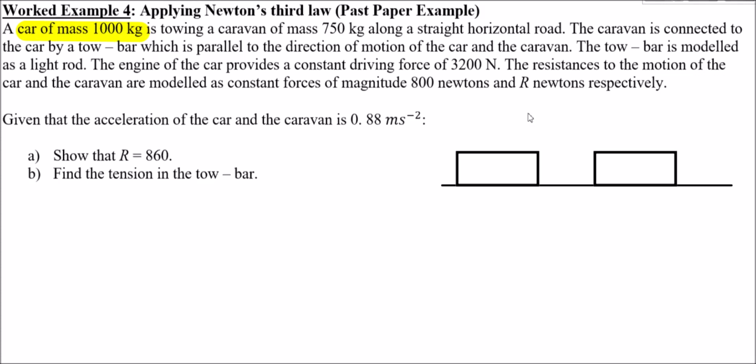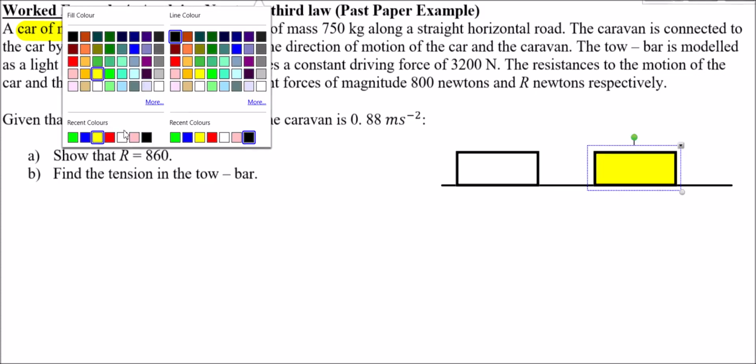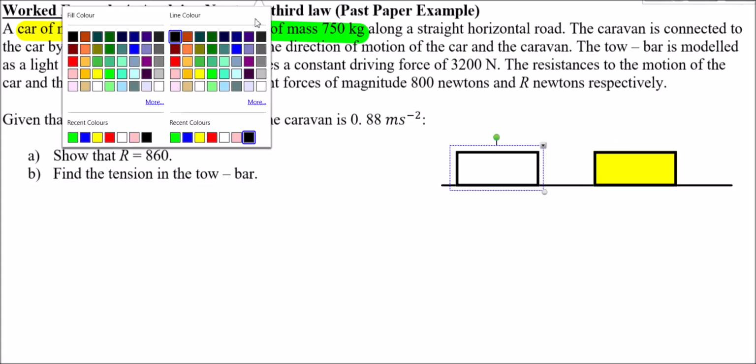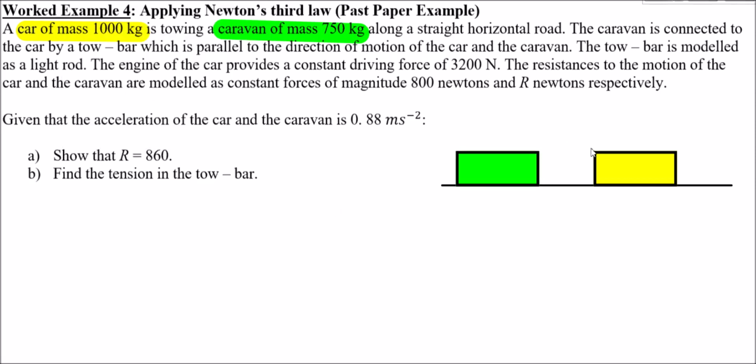What I'm going to do, I'm going to put the car at the front. And then the caravan, I'll pop at the back. So it's on a straight horizontal road like this. And the caravan's connected to the car by a tow bar.